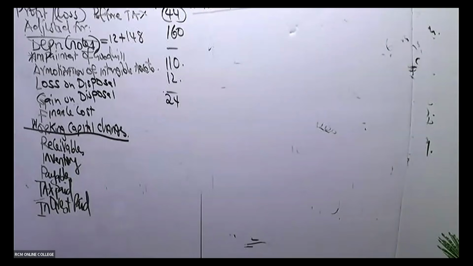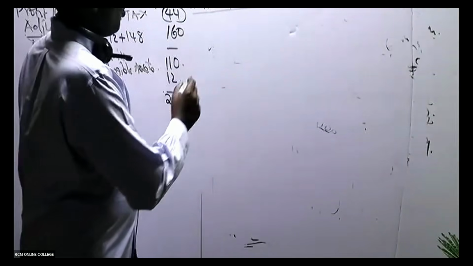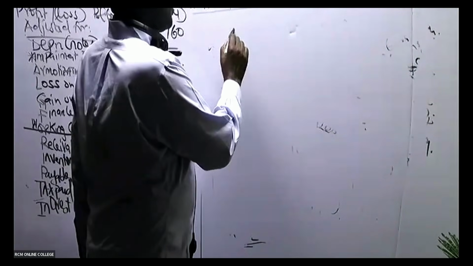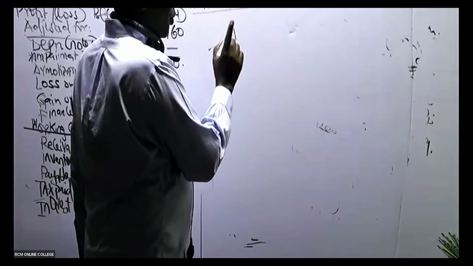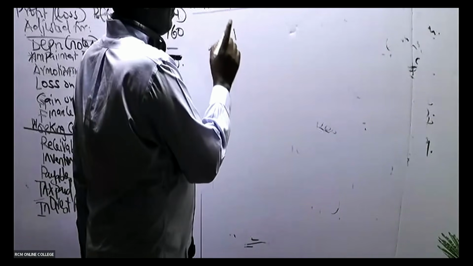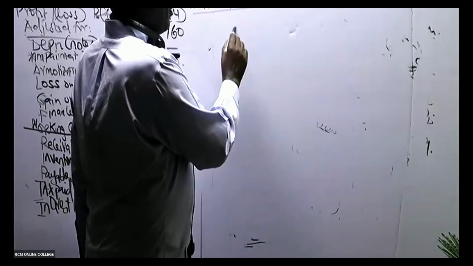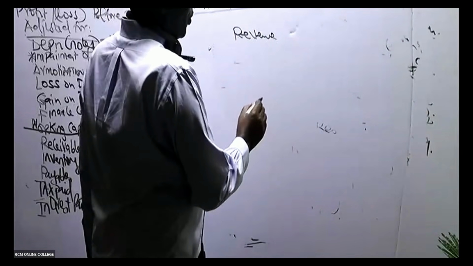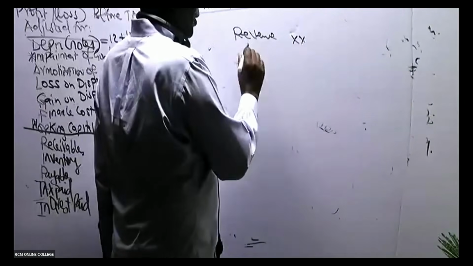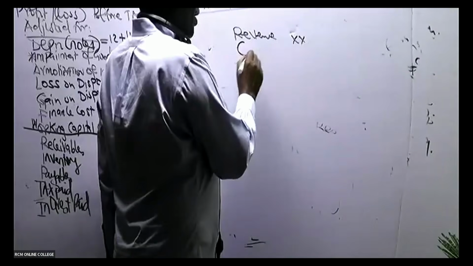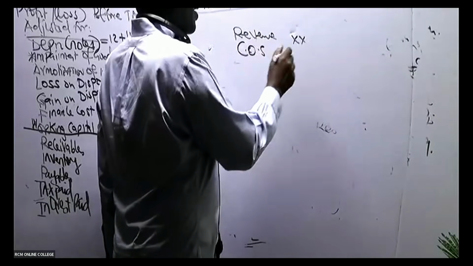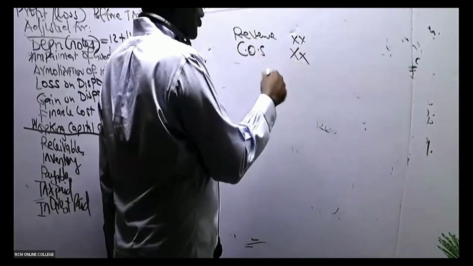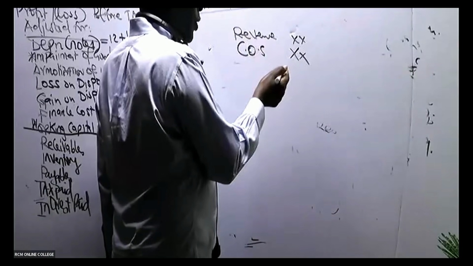Now, ladies and gentlemen, remember, anytime we talk about operations, we have revenue. This is an operational thing because we are raising this every day. We have our cost of sales. We are incurring these expenses every other day to support our operational revenue.